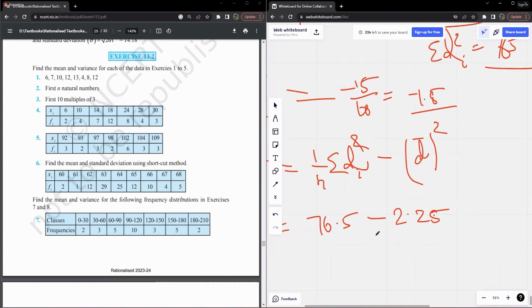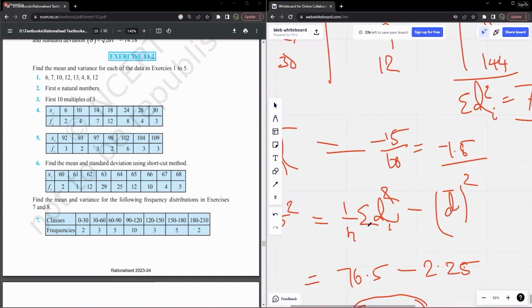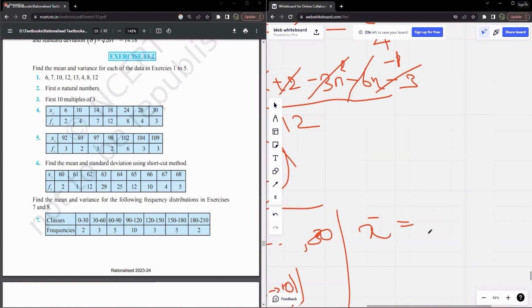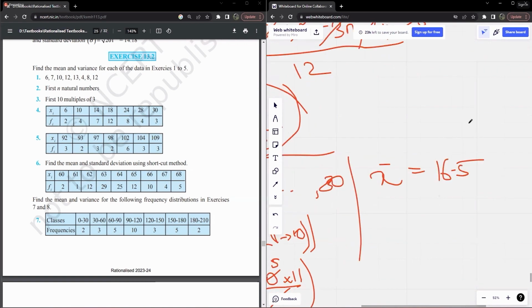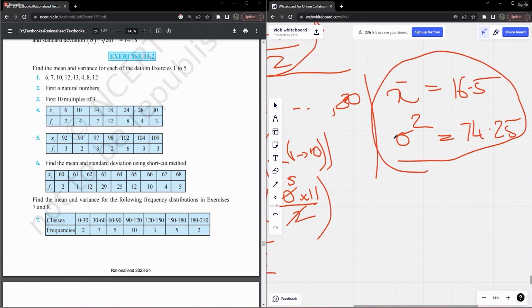So this is basically 74.25, which is the final answer. Right. Therefore, for this question, we have x bar being equal to 16.5 and sigma square being equal to 74.25. All right. That finishes question number 3.